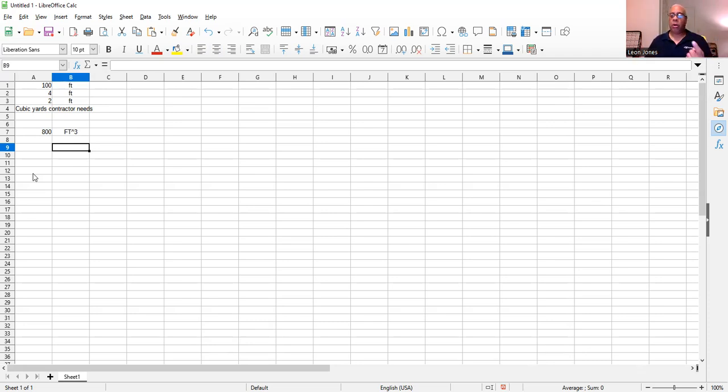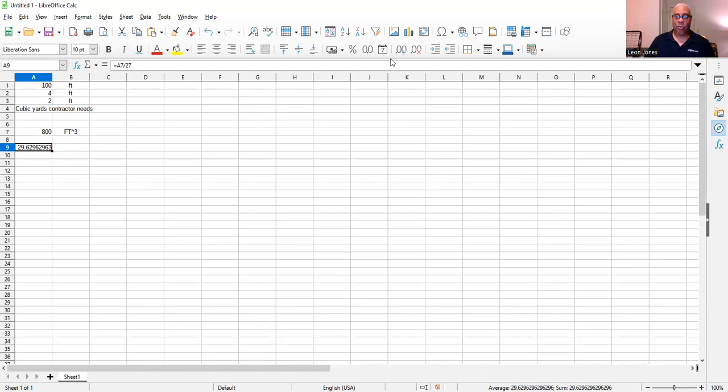So 1 yard is 3 feet, which means a cubic yard is 3 feet cubed, which is 27. So I'm going to take 800 cubic feet and divide it by 27. That gives me 29.62 and some change.